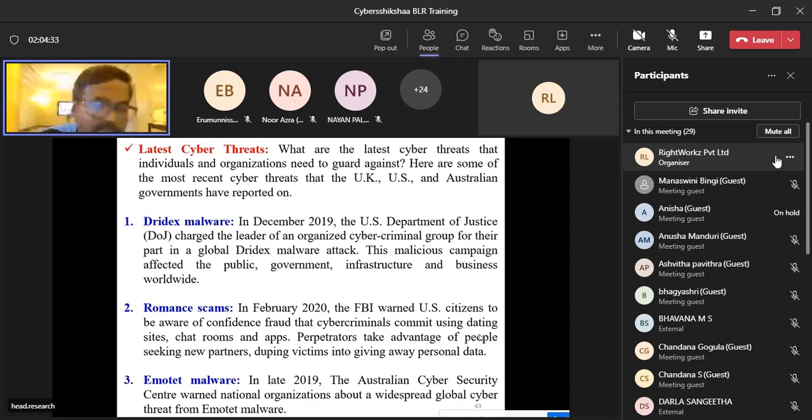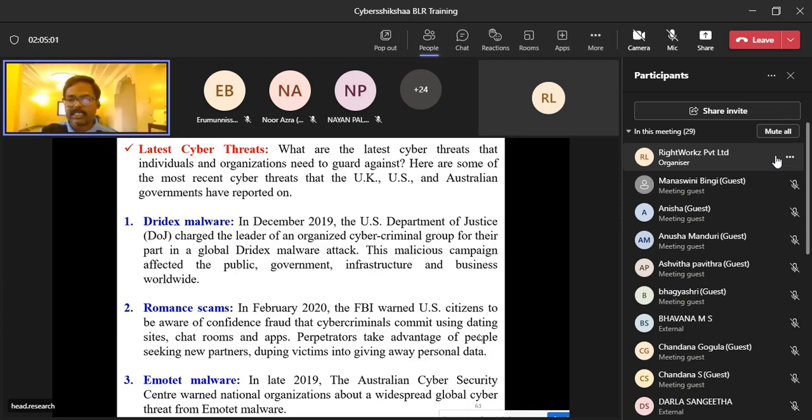Romance scams happened in the year 2020, when US citizens were told to beware of confidence fraud that cyber criminals commit using dating sites, chat rooms and apps. Perpetrators take advantage of people seeking new partners and dupe victims into giving away personal data.